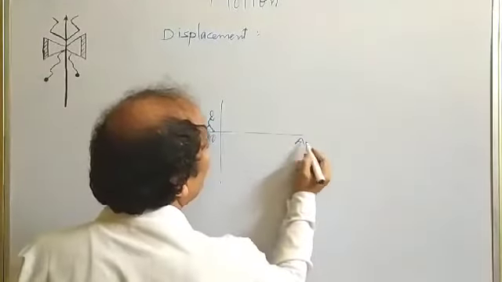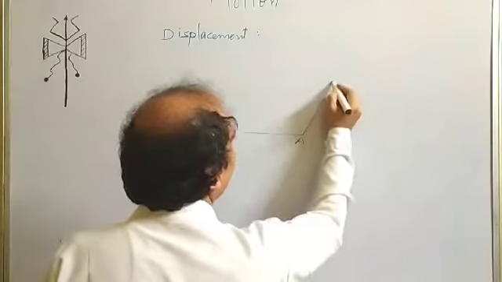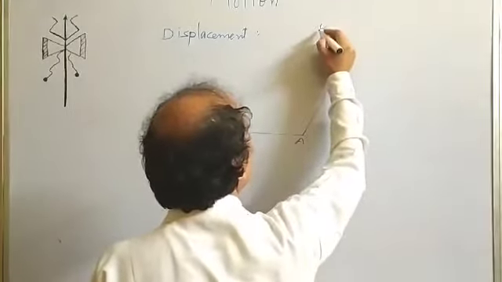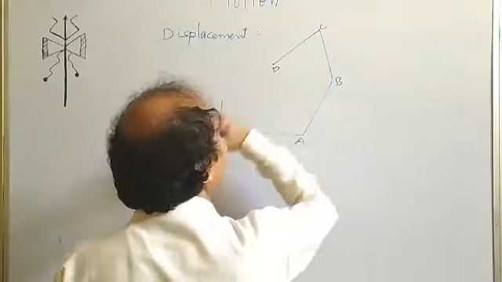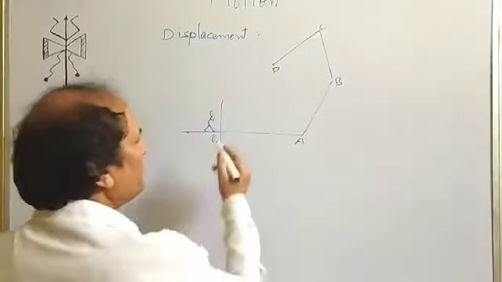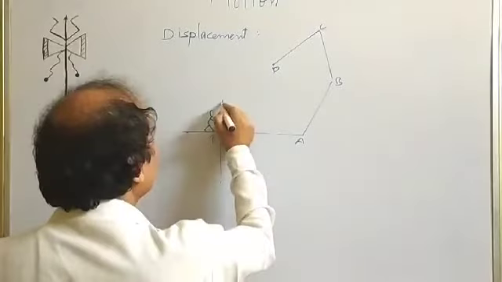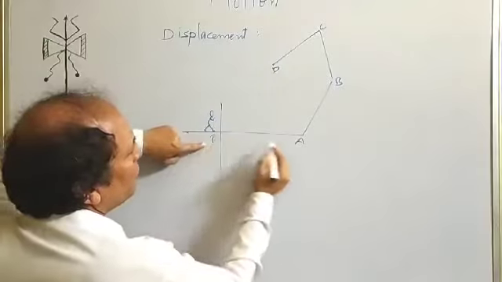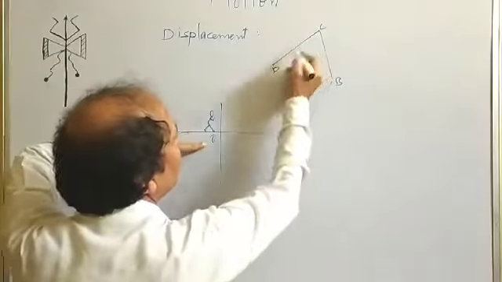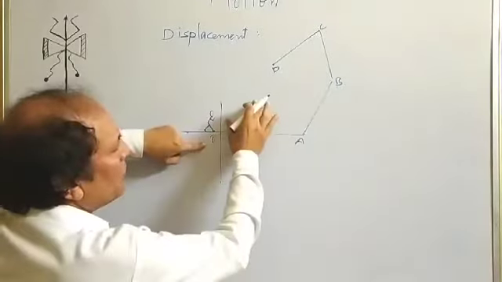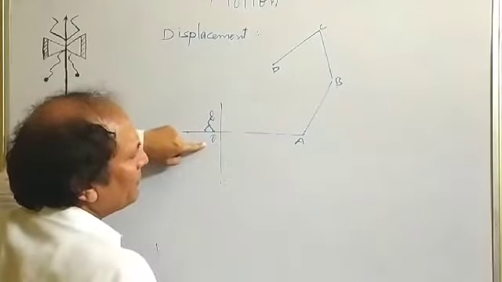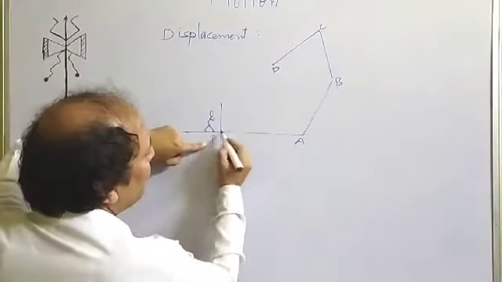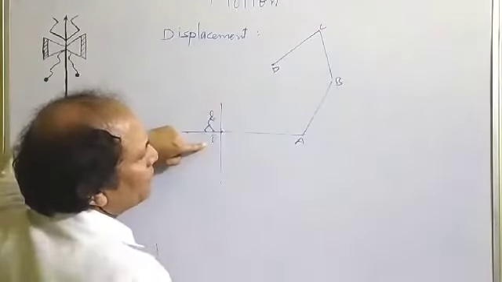It goes from O to A, A to B, B to C, C to D. In the case of displacement, we see the minimum distance between origin point and station point.